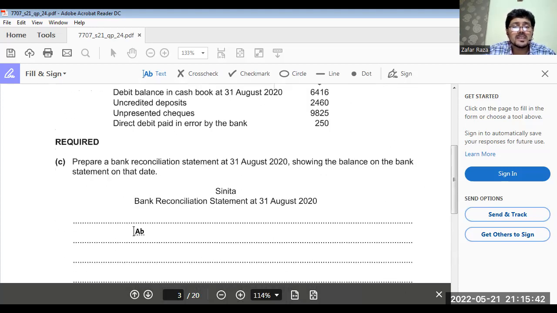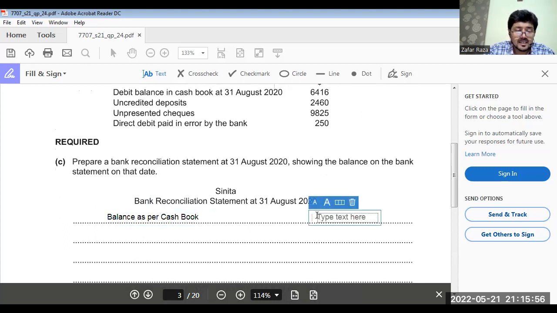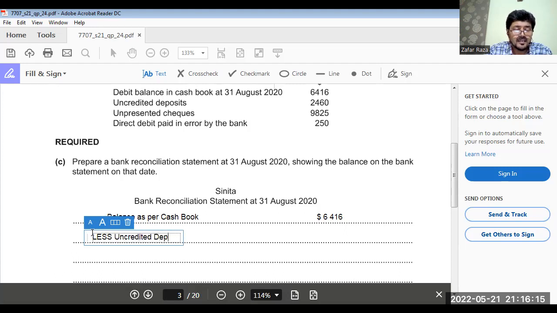So what do we have to write? Balance as per cash book 6,460, less uncredited deposits.